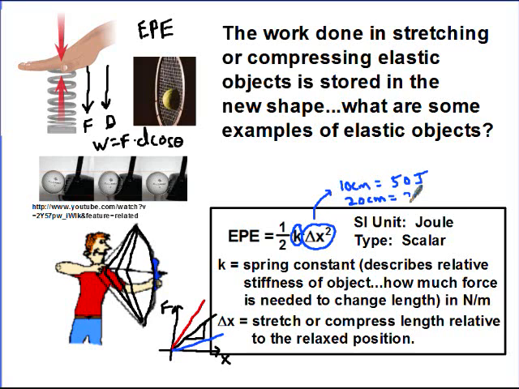So I would actually get that up to 200 joules of energy stored because it's related to the square of the distance. And we've seen that with speed, kinetic energy equation too. If you double the speed, you end up getting 4 times the kinetic energy. Same thing here. If you double the displacement, you end up getting 4 times the energy.